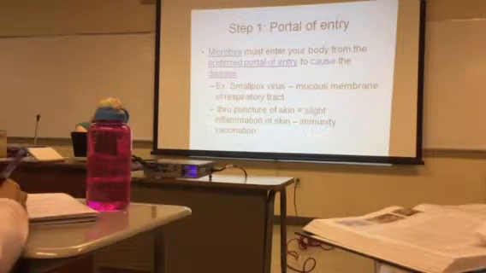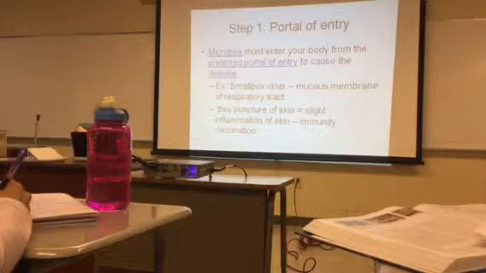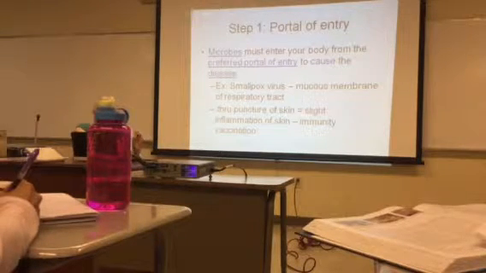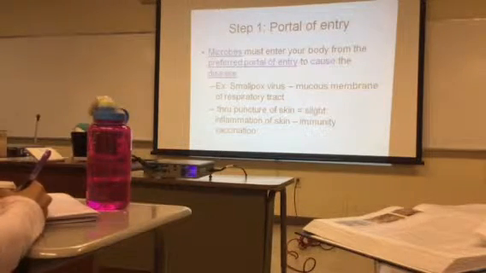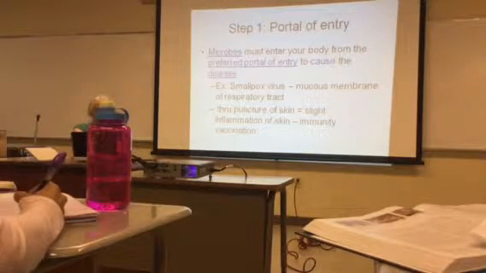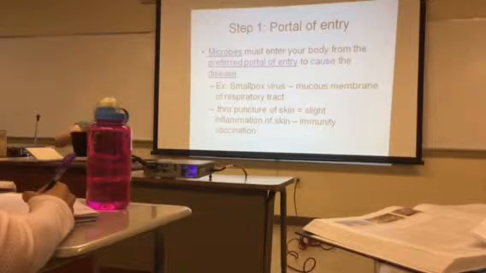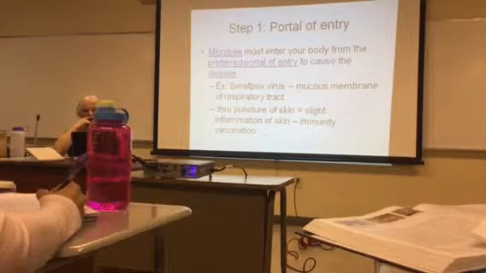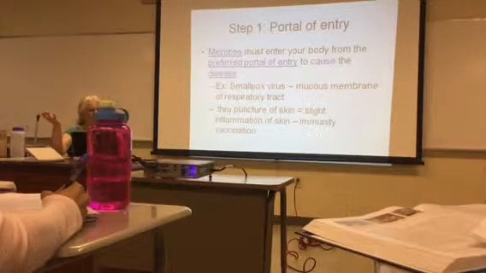And so these pathogens that come in through a portal of entry, they need to come in through their preferred portal of entry to cause their disease. An example of that is when they came up with a vaccination.